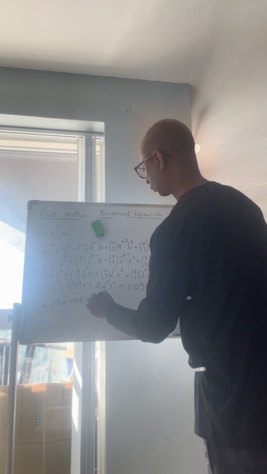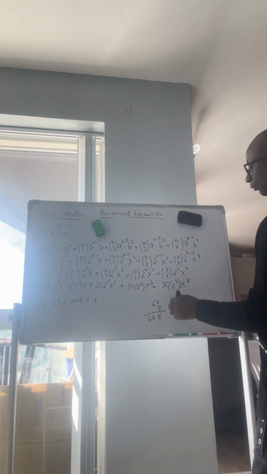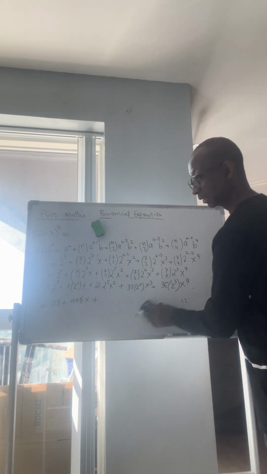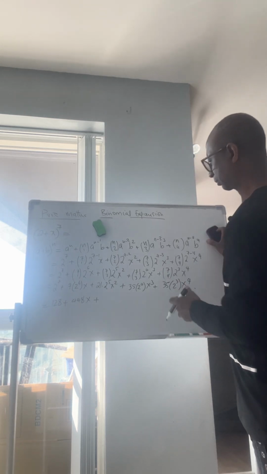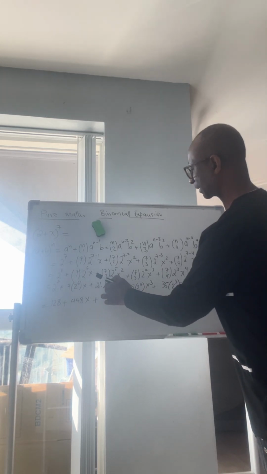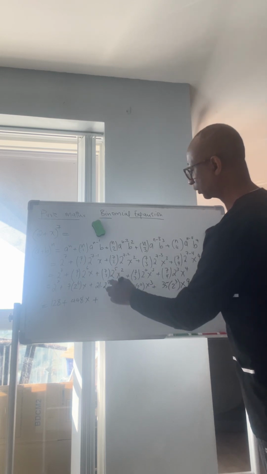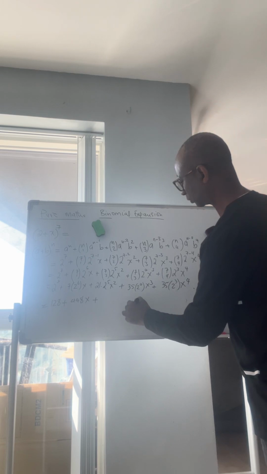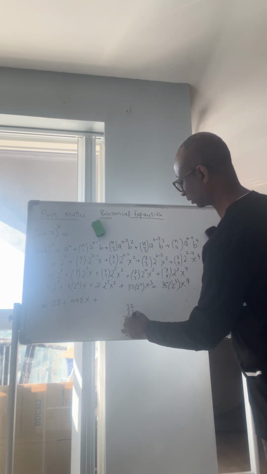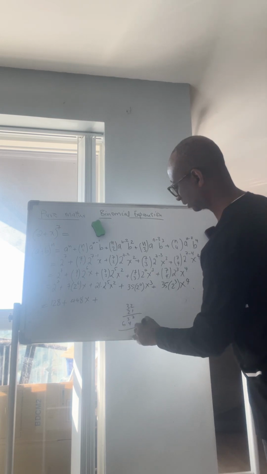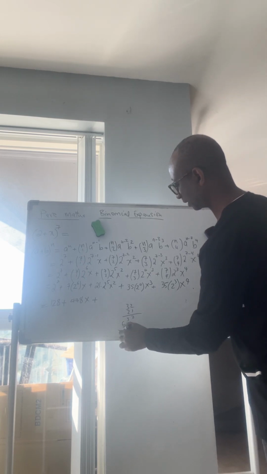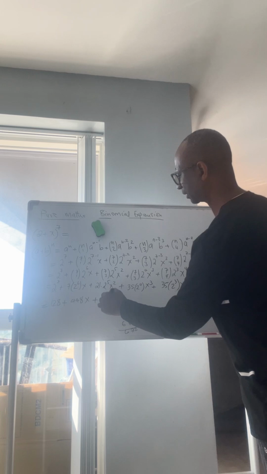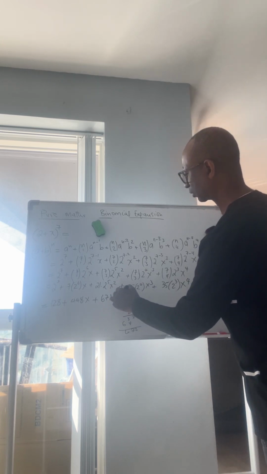So plus 448x. Plus, you can use a calculator, but 21 times 2^5, where 2^5 is 32. So 32 times 21 is 672, so 672x squared.